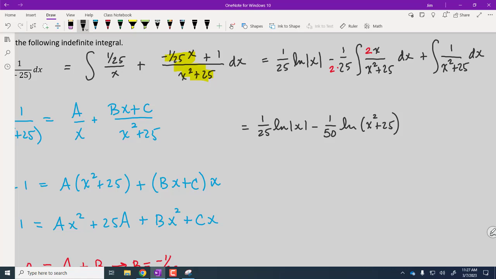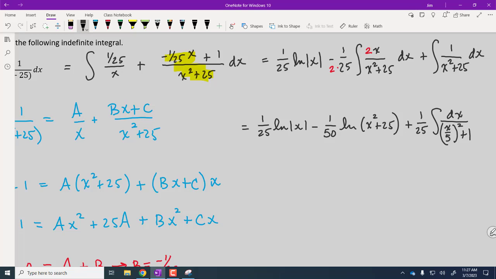And then what's the plan for this last one? It's an arctangent, so I'm going to factor out that 25 in the denominator. So plus 1 over 25 integral of dx over x divided by 5 quantity squared plus 1.